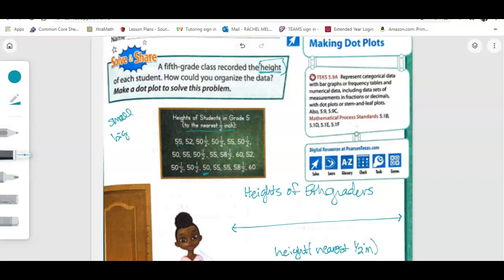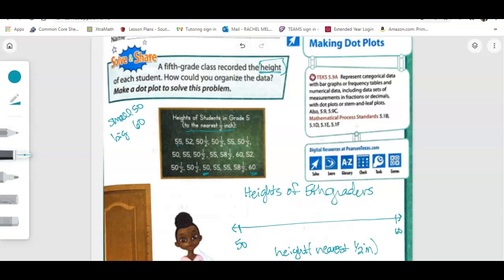So I think my smallest number is 50. That's important because that would be this number right here that would start here. And then I'm looking for my biggest number, and it looks like my biggest number is 60. So that means that my number line has to go from 50 to 60.